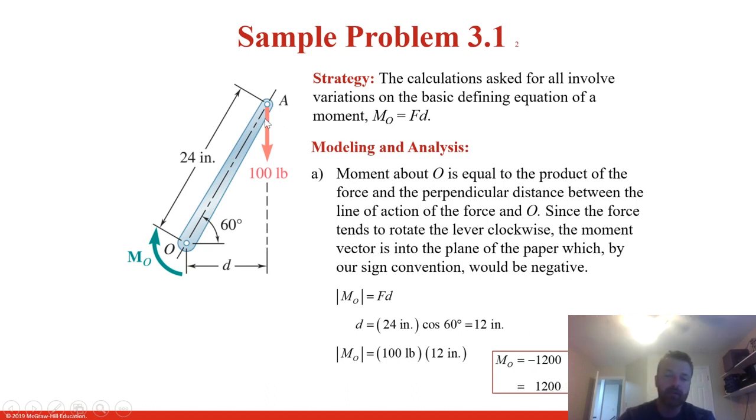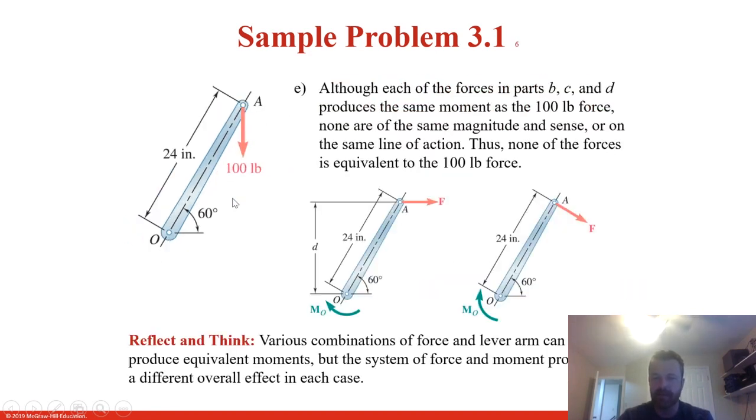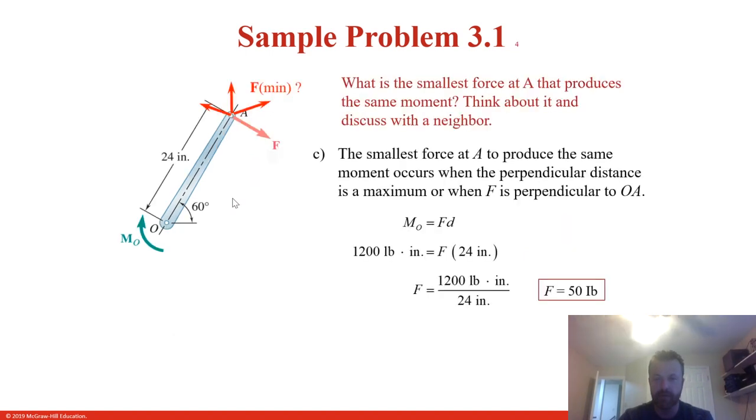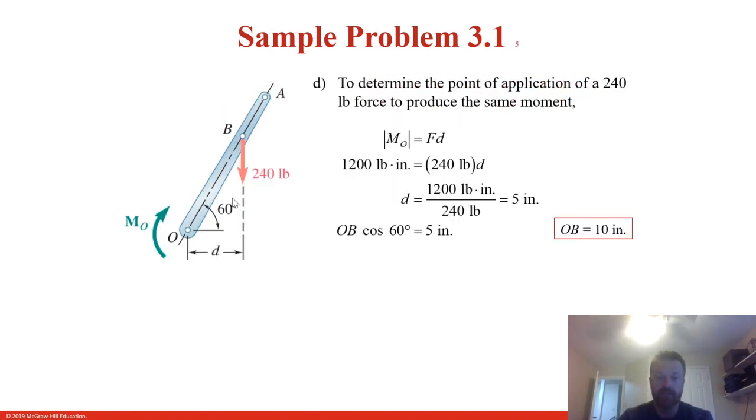Now, if we move that closer in, to achieve the same tendency to induce rotation, we would have to increase the magnitude of the force. It should be 240 pounds. If you increase the magnitude of the force from 100 pounds to 240 pounds, how close could you go in and induce the same effect?